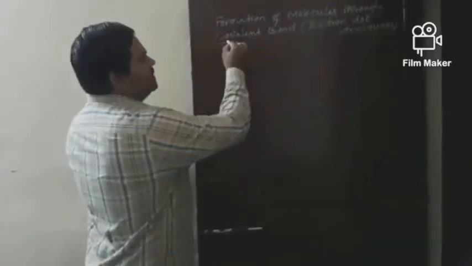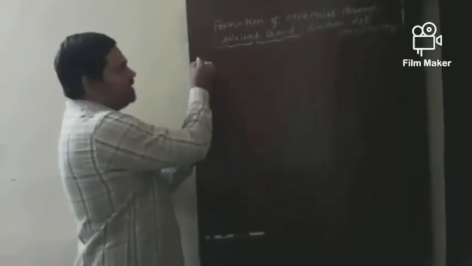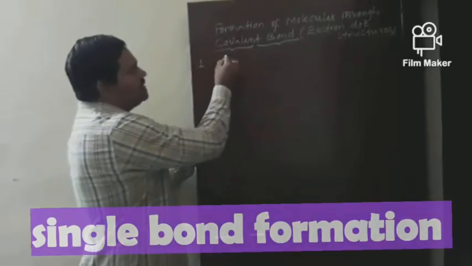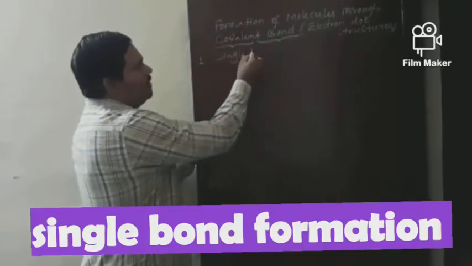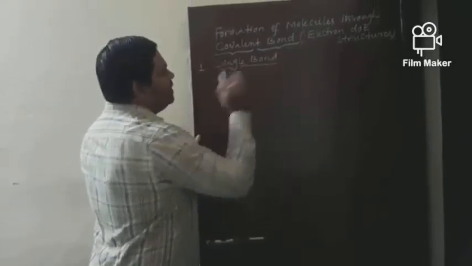Now let me introduce first single bond. Let us have a look at first single bond molecule formation. What is that bond called? Single bond formation. Do you know how a single bond is formed? Yesterday we discussed.